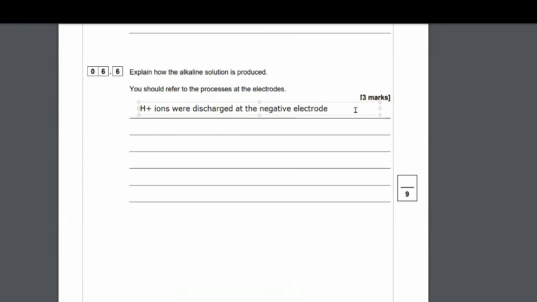If you don't want to say negative electrode and you want to be a bit more funky, of course, you can say cathode. That's where the positive ions go. So H plus ions were discharged at the cathode to form hydrogen. Now, you could show the equation. If you want to get real funky, you could show the equation, and that's 2H plus picked up 2 electrons, and we could put a minus sign on the electrons if we like, and they form H2.